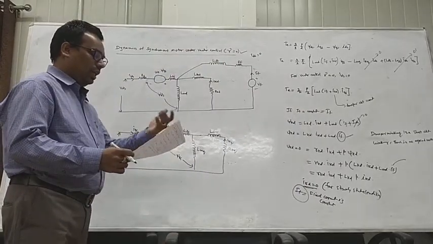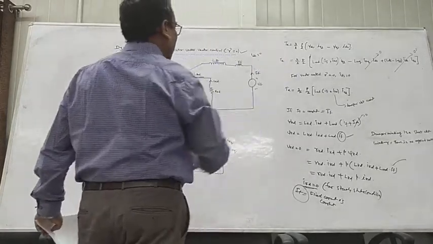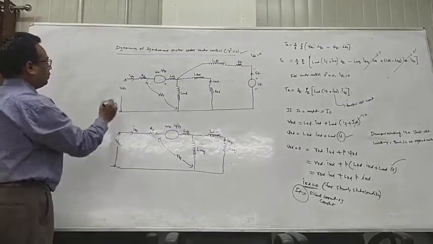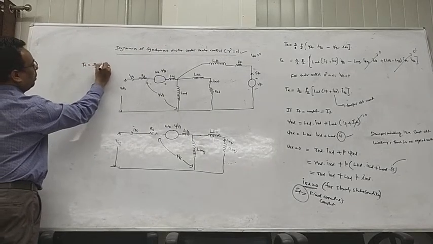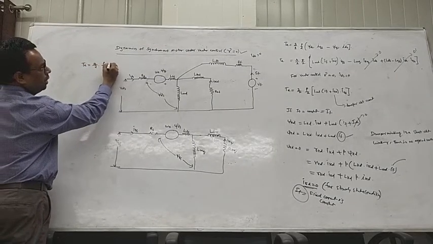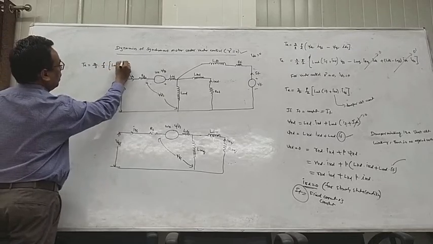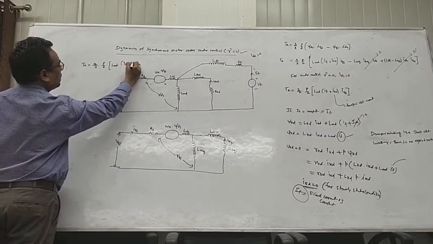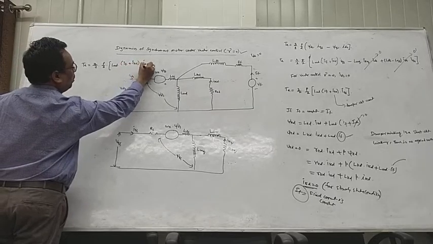So if the field current is constant, what will happen here? Finally, from that equation, the torque equation is equal to 3 by 2 into P by 2 into LMD into (IF plus IKD) into IQS.